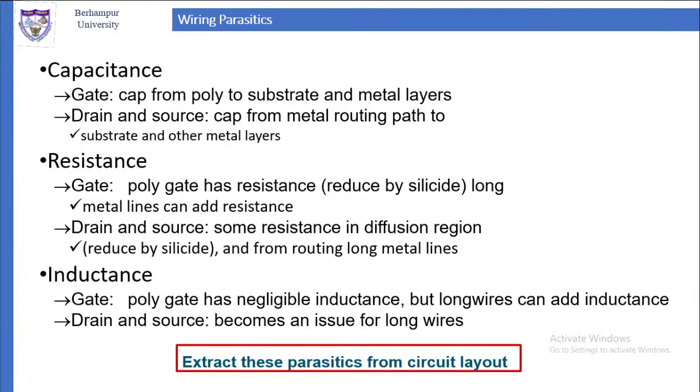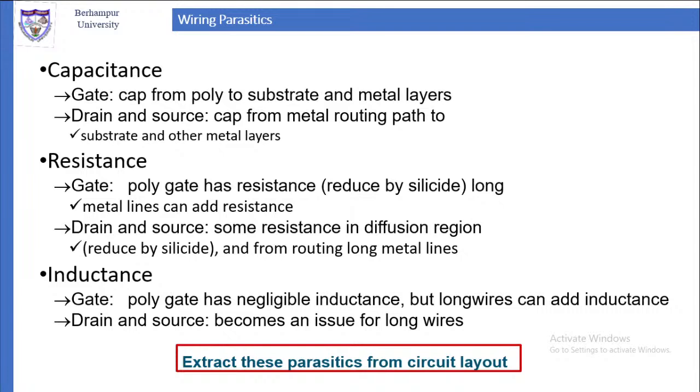When you bring out a wire, there will be a junction, so those will lead to some parasitics. Parasitic means these connections of wires will lead to some resistances, some inductances and some capacitances. Most effective is actually capacitance.